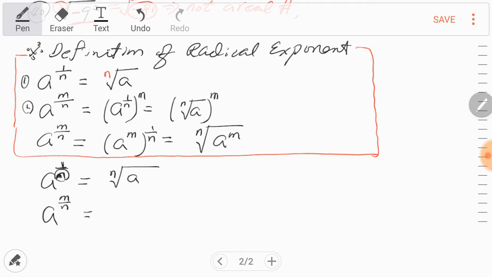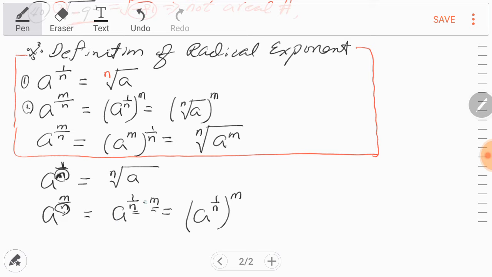It's a fraction, then the denominator goes where? We can write it like this: a to the m over n. M over n is 1 over n times m. So we can write it as a to the 1 over nth power, raised to the mth power.